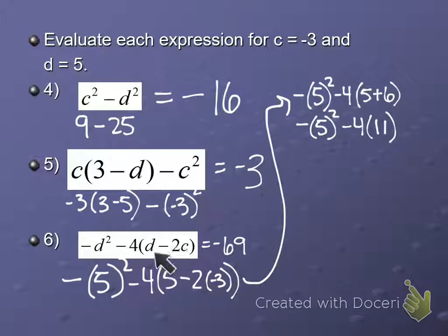The 5 is what I got when I plugged in the D, minus 2 times my C. C was negative 3. When I multiplied the minus 2 times the negative 3, I would end up with negative 6 or just plus 6. The 5 is still just getting carried down from when I plugged it in.